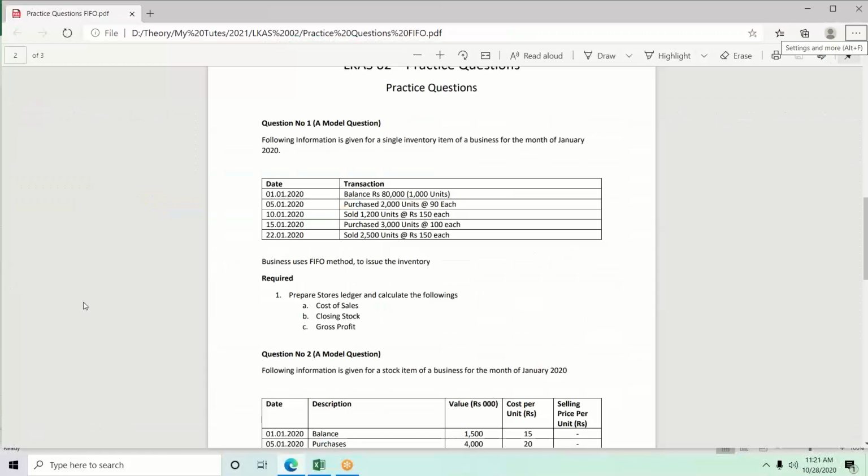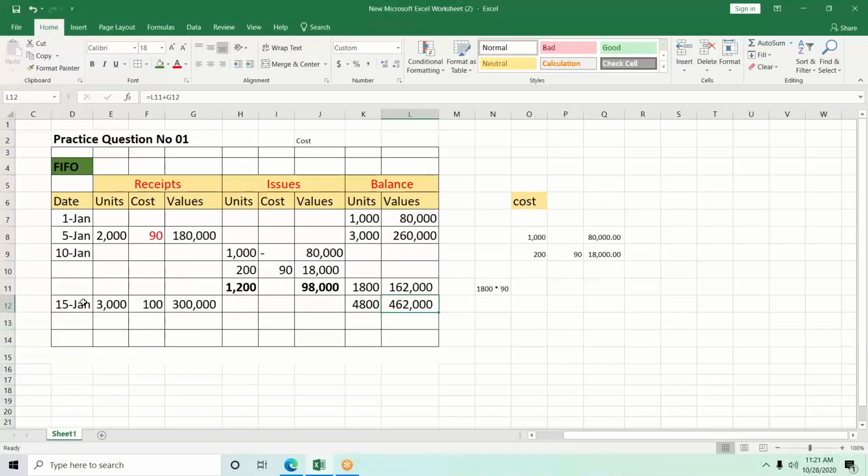And at last, you sold another 2,500 units. Now look at this. When you issue these 2,500 units, under the FIFO method the opening stock is issued first. Out of this 2,000, 200 units you have issued.